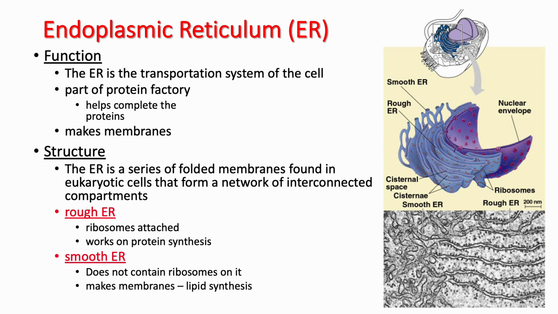The rough ER has ribosomes attached to it, and that's where it gets the rough name from, having little structures attached. The rough endoplasmic reticulum is responsible for helping with protein production. The smooth endoplasmic reticulum has no little ribosomes attached. The smooth ER is responsible for making membranes.